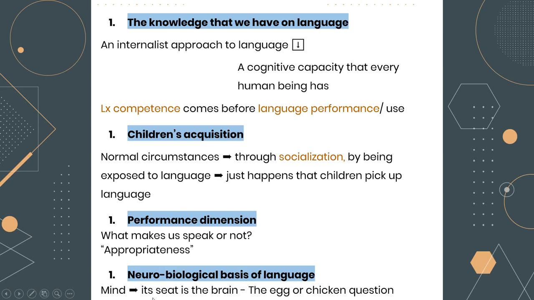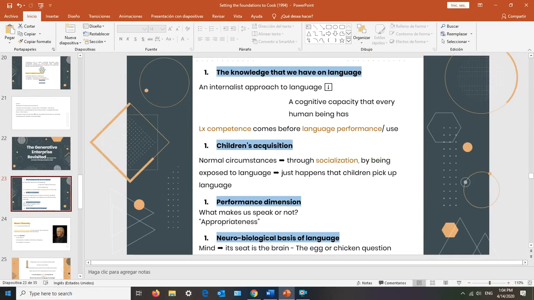And the mind is then the seat of language, is where language is located in a specific module. He postulates that language is to be found in a specific module, in a specific area of the brain, and that this is where our linguistic ability is to be physically found, if we want to do so.